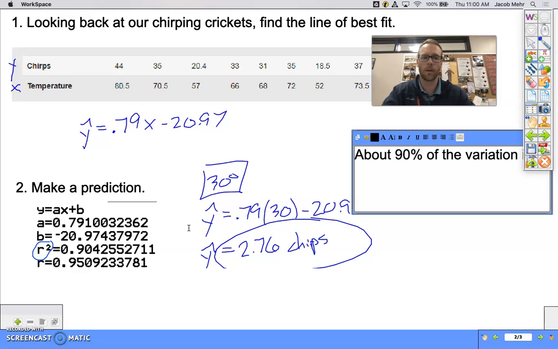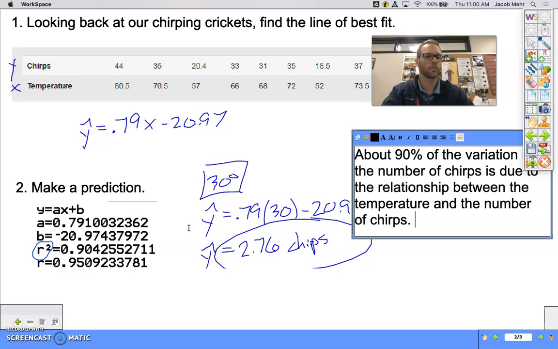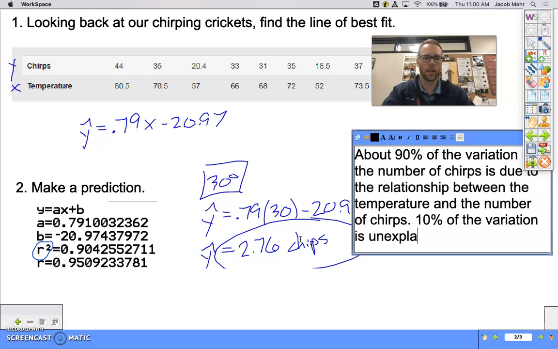About 90% of the variation in the number of chirps is due to the relationship between the temperature and the number of chirps. 10%, that would be the complement of the 90%, 10% of the variation is unexplained.